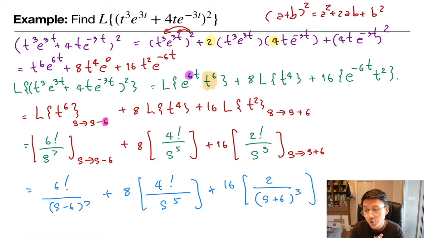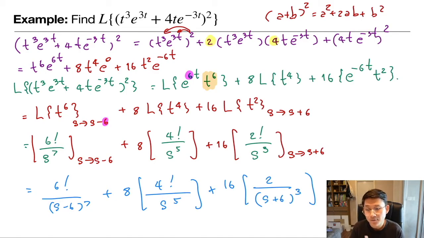And then you apply the Laplace transform to each term because they are the sum of three terms. You apply the Laplace transform to each of them, and you get e to the 6t, t to the 6, plus 8 Laplace transform of t to the 4 plus 16 Laplace transform of e to the minus 6t t squared.